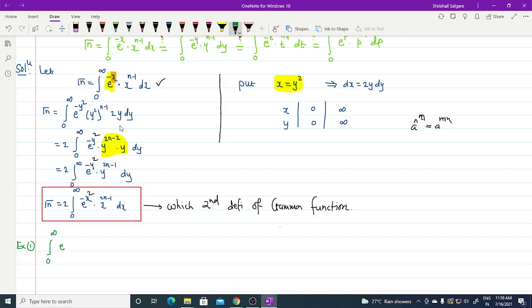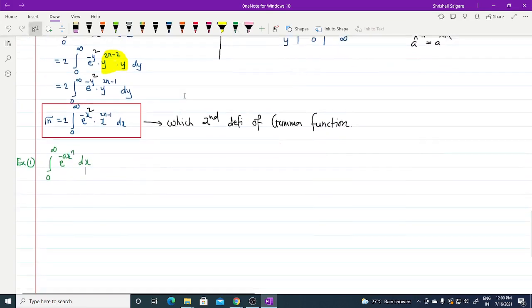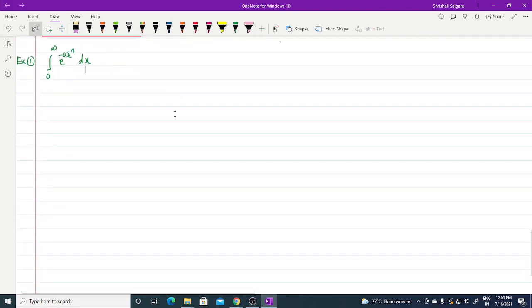Suppose the first example, integral 0 to infinity e to the power minus a x raised to n dx. So very first step, I will call the given integral as I. Suppose for solution, let I is equal to integral 0 to infinity e to the power minus a x raised to n dx.